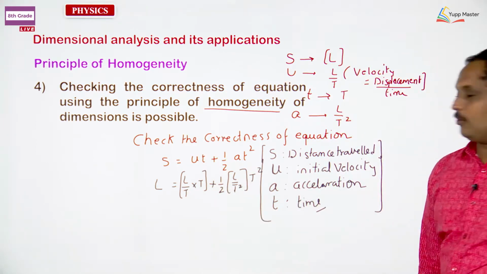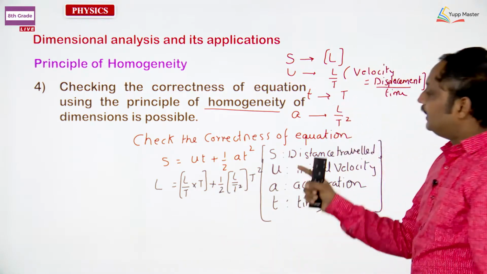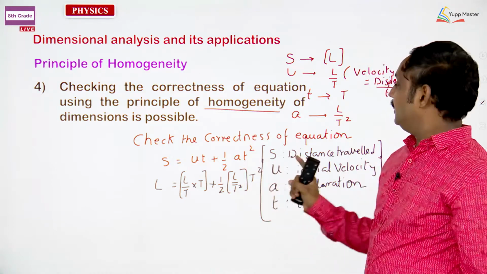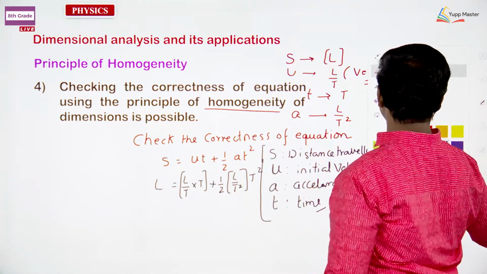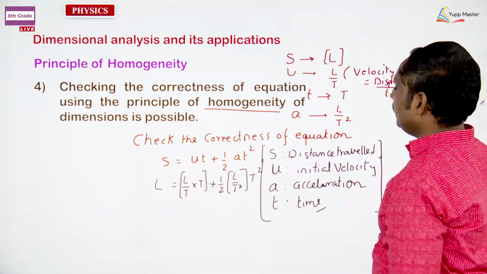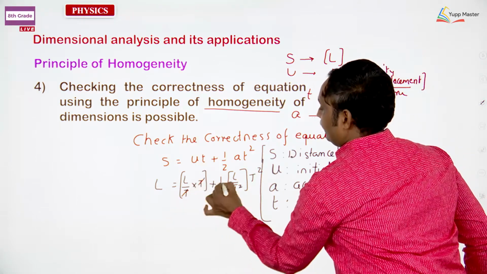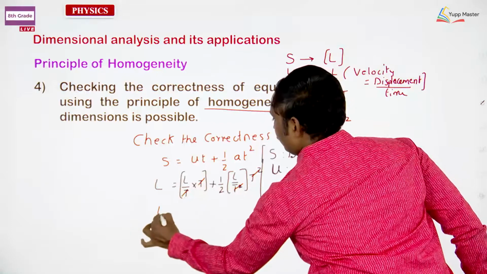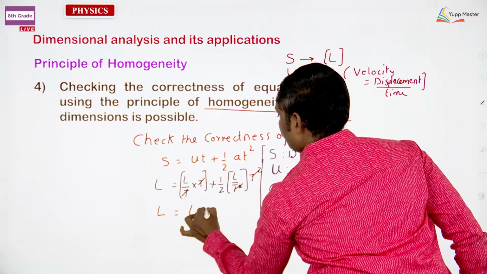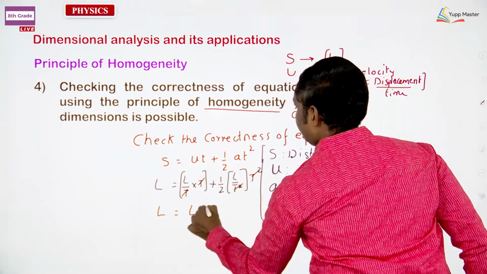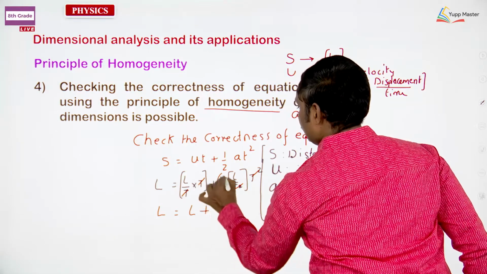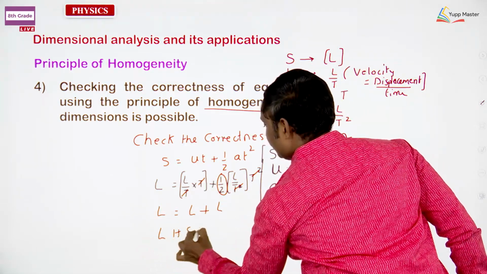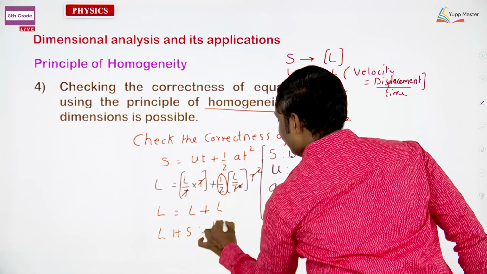All of you have substituted the dimensional formulas, and these are cancelled. So L is equal to L plus L. You can ignore the magnitude. So finally, left hand side LHS is equal to RHS.